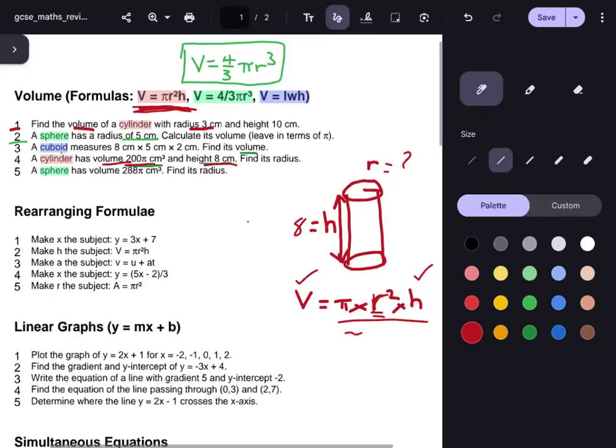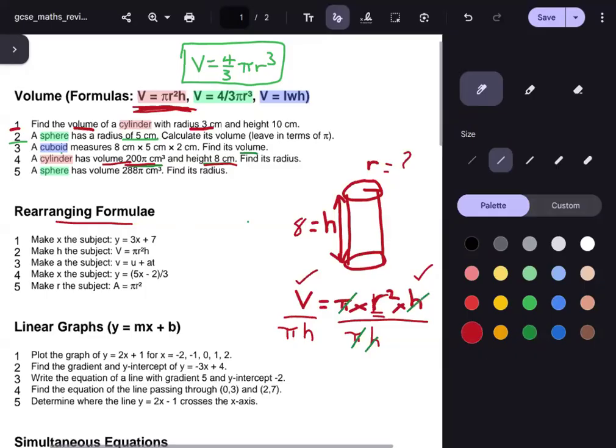So you're going to divide both sides by pi h to get rid of the pi and h. Whatever you do on the right hand side, you have to do on the left side as well. So when you divide by pi and h, the pi will cancel out with the pi, and the h will cancel out with the h, and you'll be left with r squared.